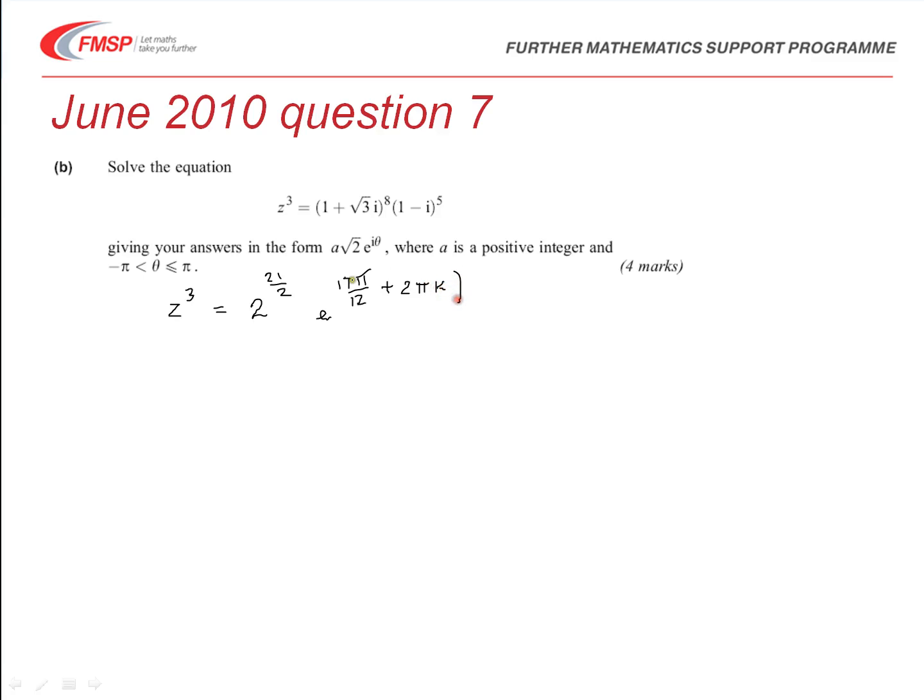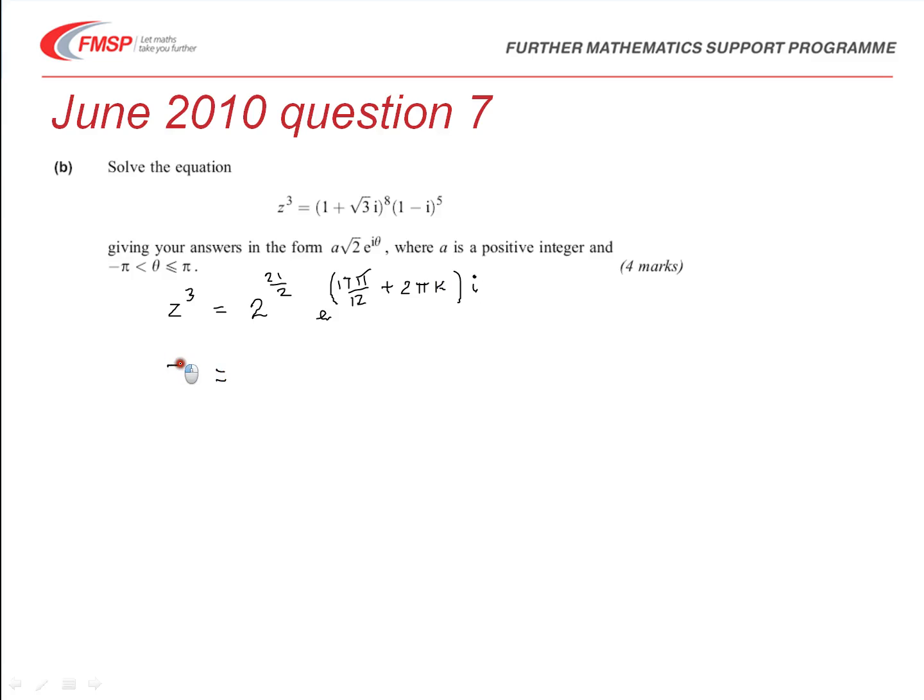in here. And remember, every time you rotate round 2 pi, you're back to exactly the same point on the Argand diagram as you would have had before. So, when we now divide by 3, the different values of k will generate the 3 roots that we require.